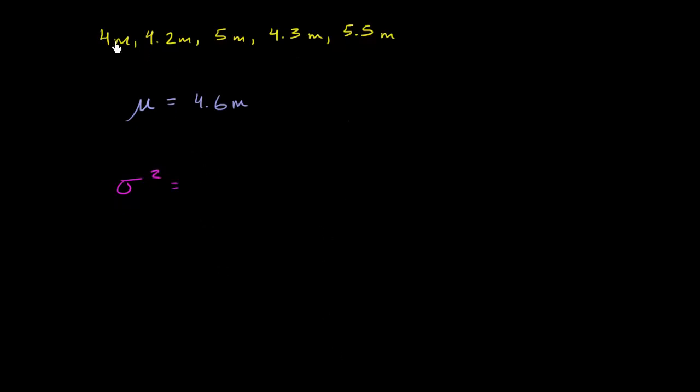Well, all we need to do is find the distance from each of these points to our mean, then square them, and then take the mean of those squared distances.